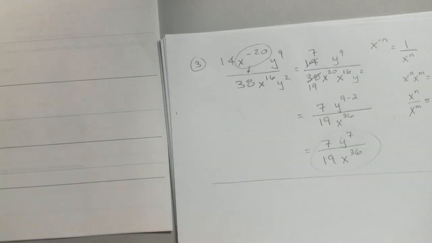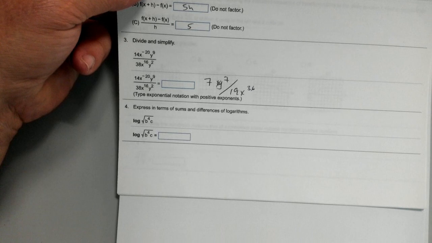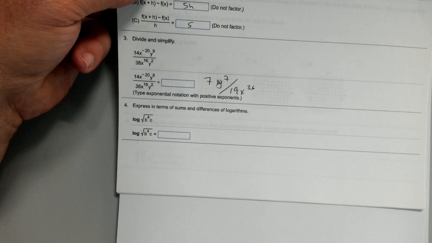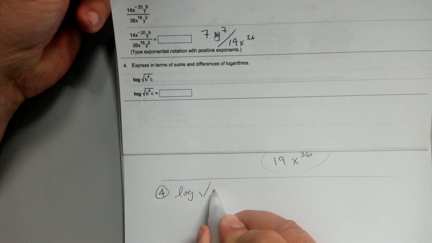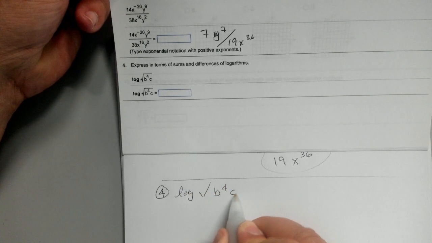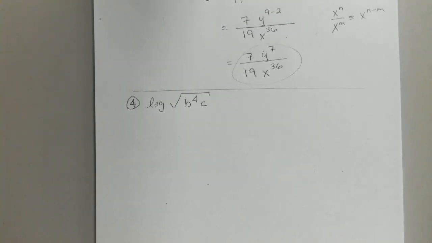Number 4. Express in terms of sum and differences of logarithms. Log radical b to the 4th c. Well, what do we have to do there first?